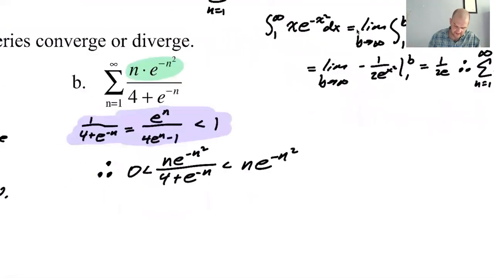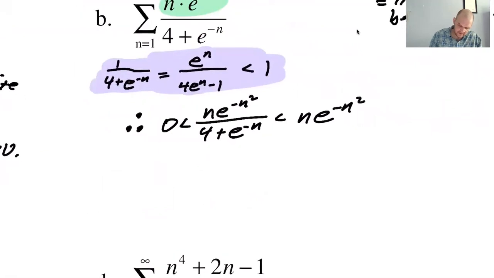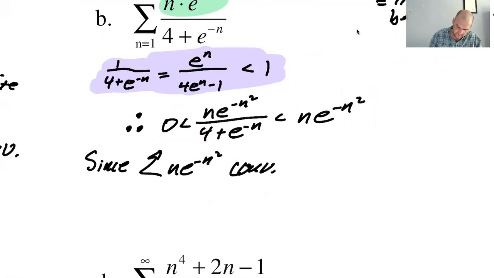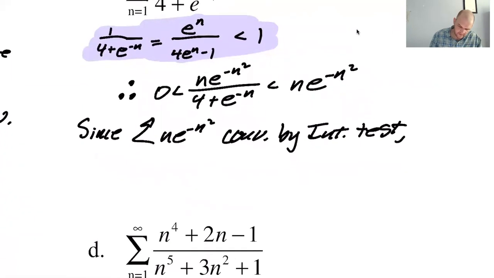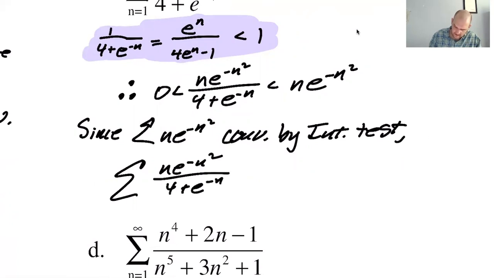So I'm going to say, since the sum of ne to the negative n squared converges by integral test, the sum of ne to the negative n squared divided by 4 plus e to the negative n converges by direct comparison.